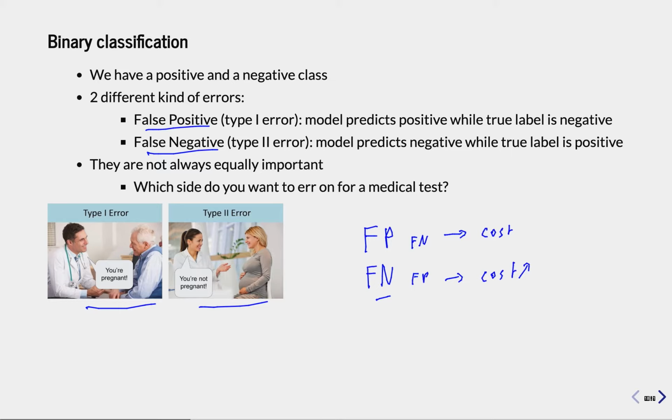Or it will be detected at a later stage, at which time you need to spend a lot more money in therapy to recover from that. So it's definitely important to think about your application and what kind of error you're most happy to have.